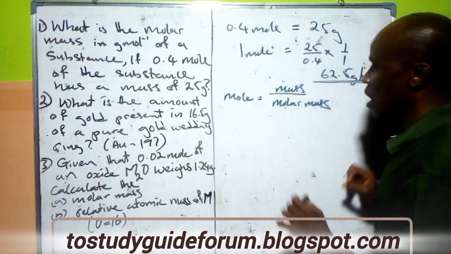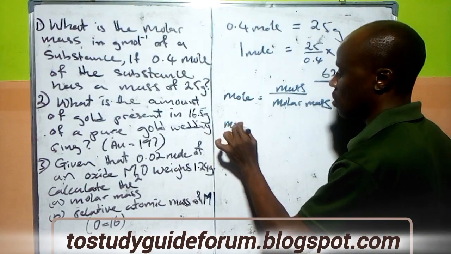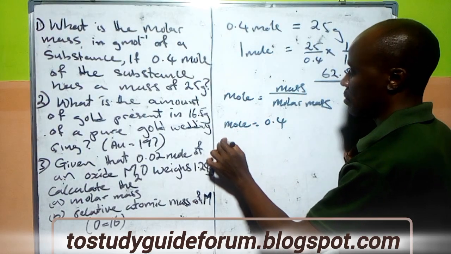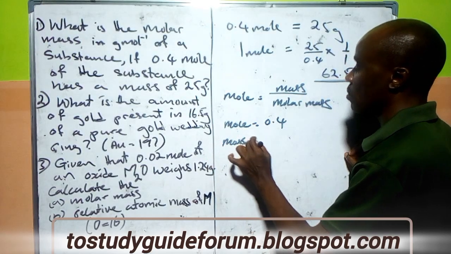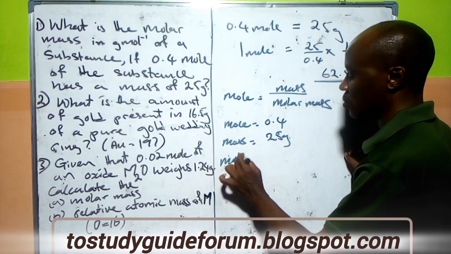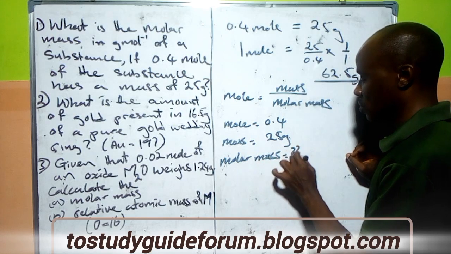Our mole in this case is 0.4, and the mass given to us here is 25 grams, and the molar mass is what we are looking for. Molar mass is what we don't know, which is the question mark.